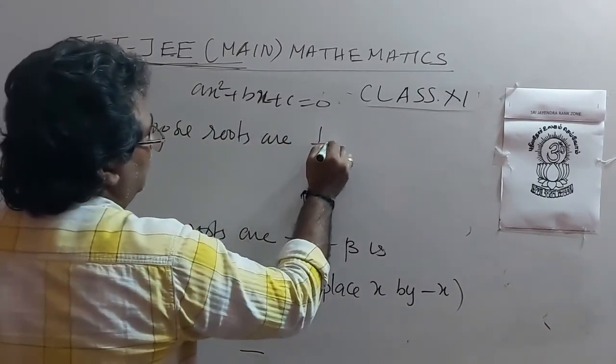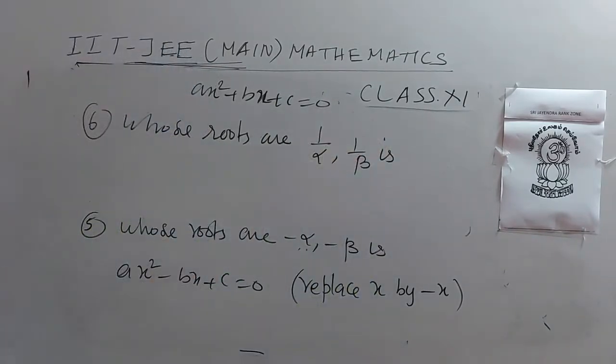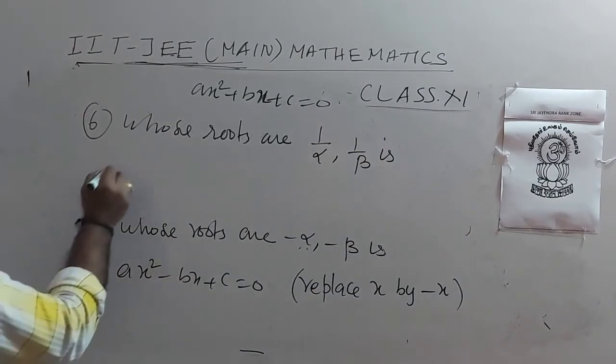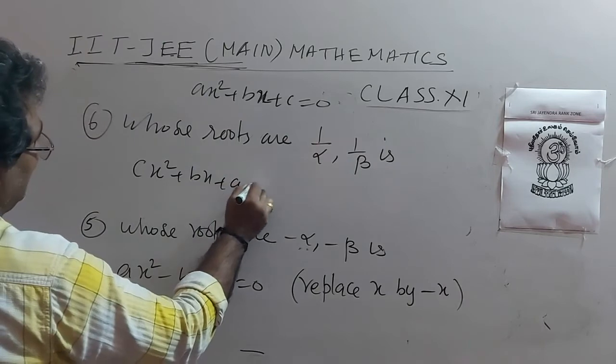Whose roots are 1 by alpha, 1 by beta is cx square plus bx plus a equal to 0.